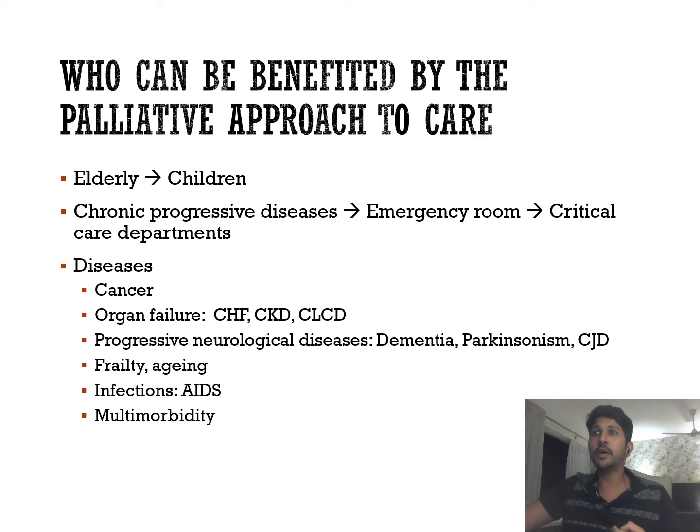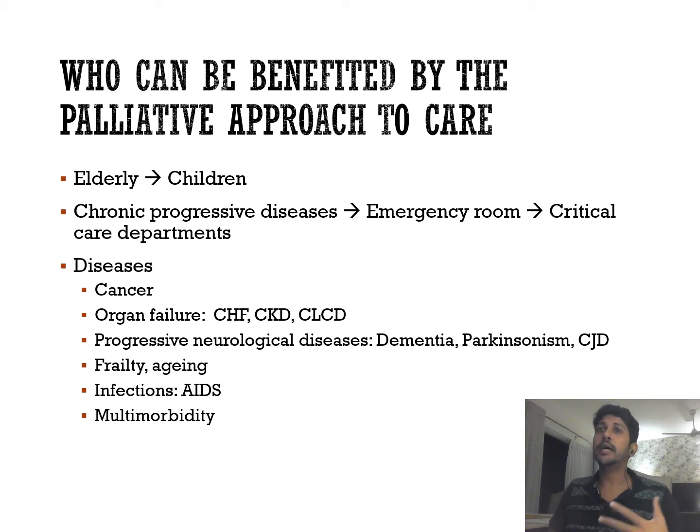But there are even more severe forms of other diseases besides cancer that can lead to a tremendous amount of suffering. But cancer is what people are fearful about. So then it could be organ failure, congestive heart failure, chronic kidney disease, chronic liver cell disease, and so on.